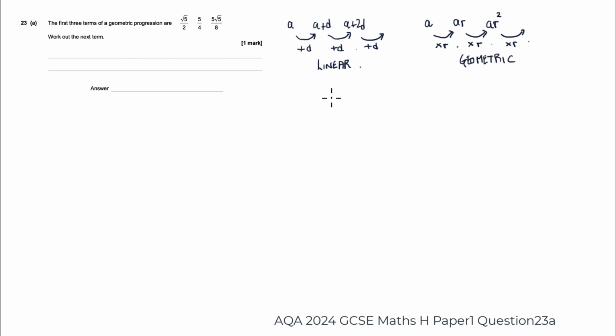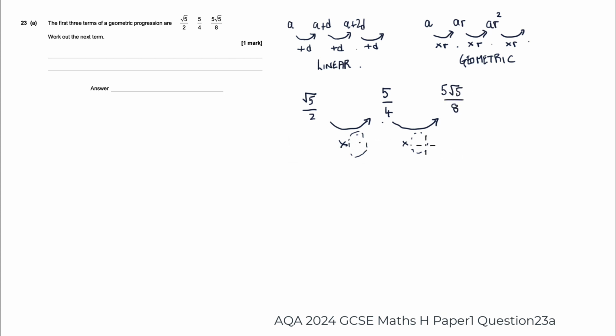So in this case, we're given root 5 over 2, and to get to the next term, we're multiplying by something, and we don't know what that is. And we end up with 5 over 4. And then we're multiplying by the same number again to get 5 root 5 over 8.